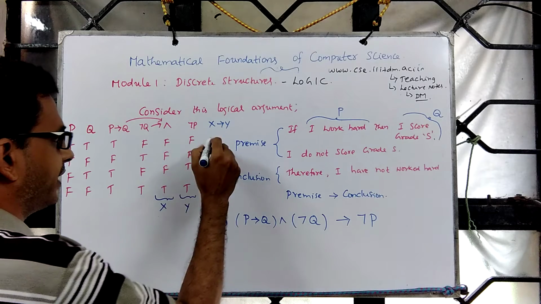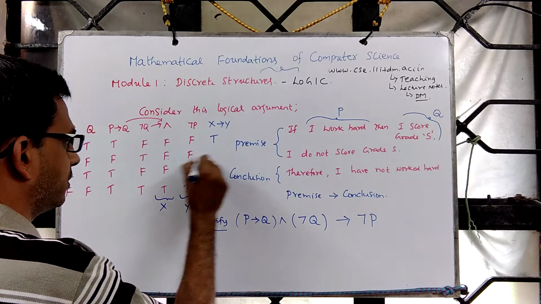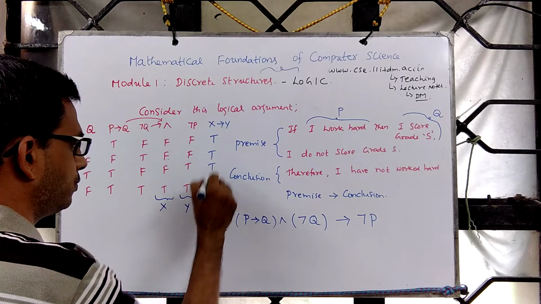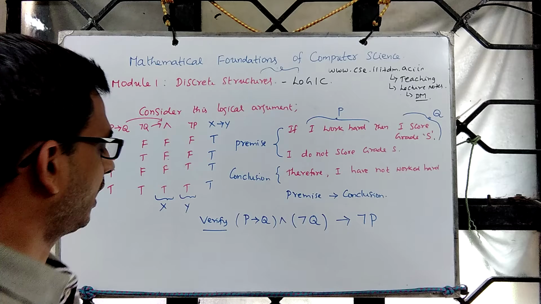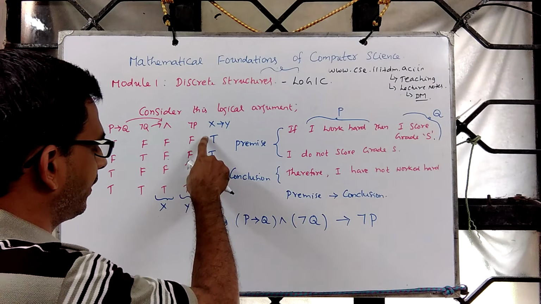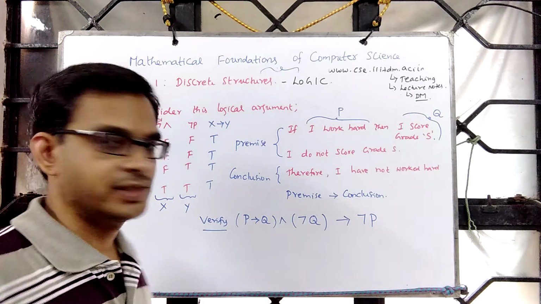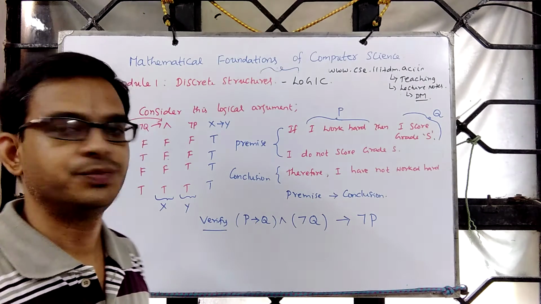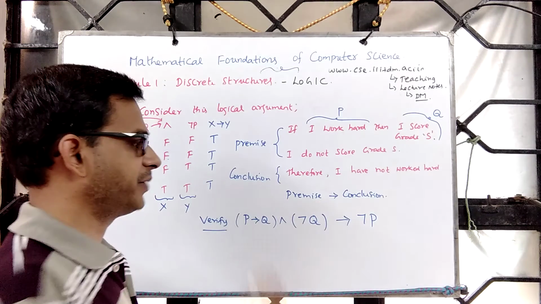Now, the implication says true, true, true, true. Now, when you see that X implies Y is true everywhere, which means the given argument is true, the given conclusion follows from the premise.